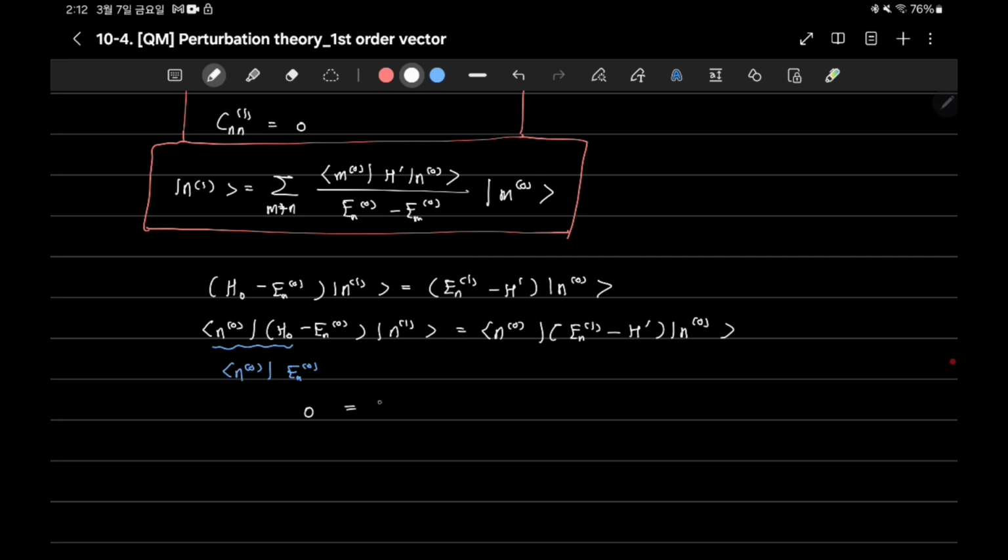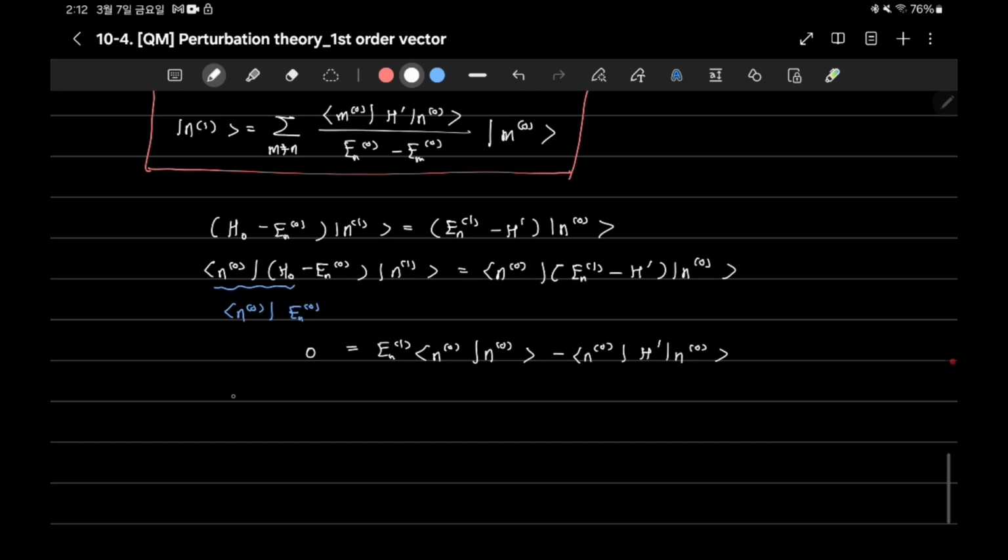Then first one is that En1 N0 N0 minus N0 H prime N0. So the first order energy is written like this: N0 Hamiltonian prime N0.